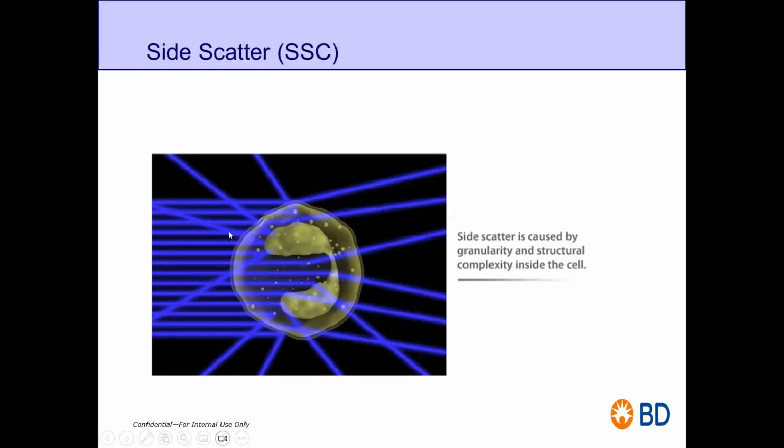It will tell you how granular the cell is. But again, all of these things are relative. It never tells you the exact size or exact granularity. What does it mean? I'll go forward and tell you what it means.